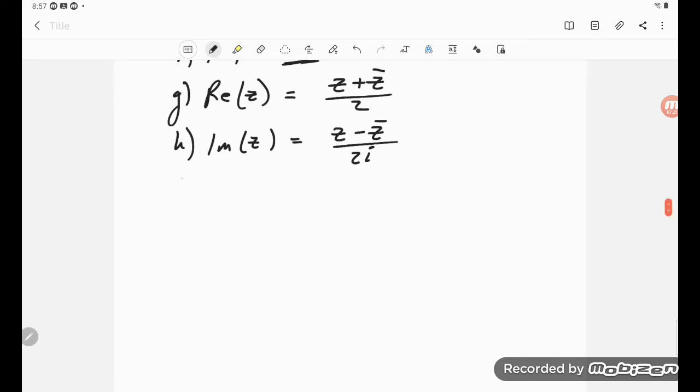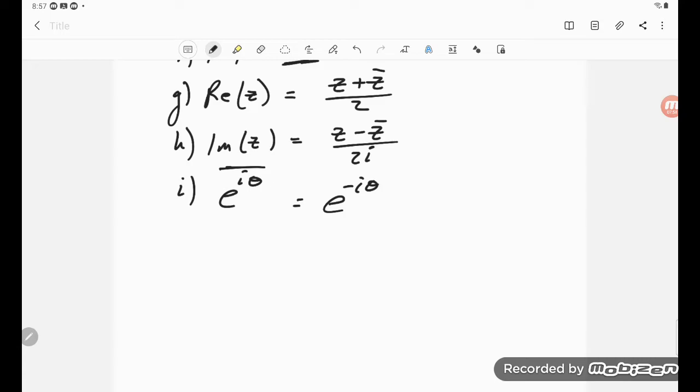And then finally, the last property is that if you've got the polar notation and you want the conjugate of e to the i theta, that's just e to the minus i theta.